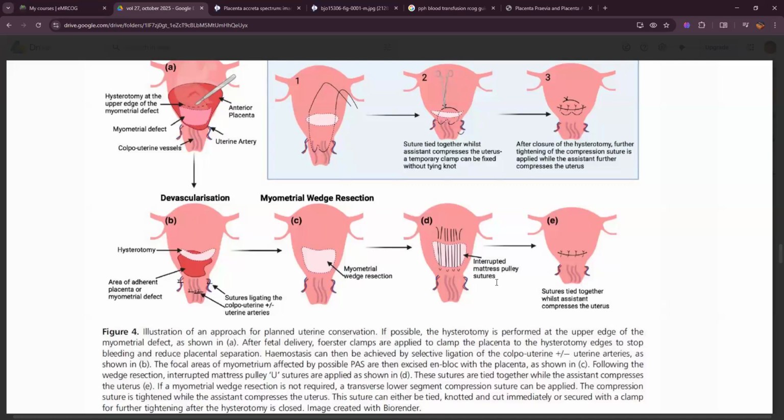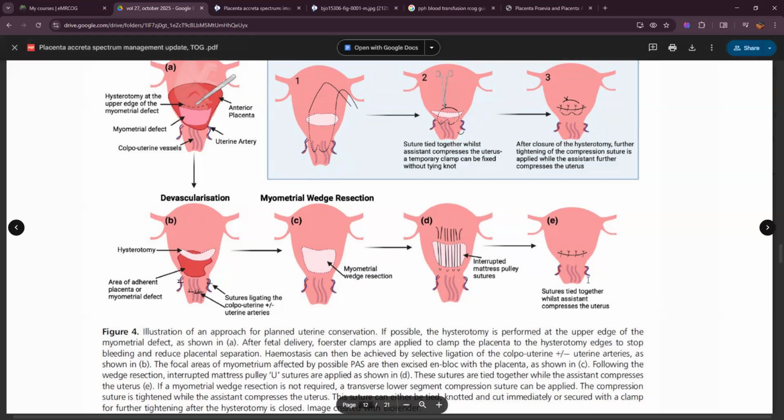Mattress sutures give you very good hemostasis, okay? And compression at the same time. So we are going to do the mattress, but interrupted, not continuous. This is a proposed technique for uterine preservation.